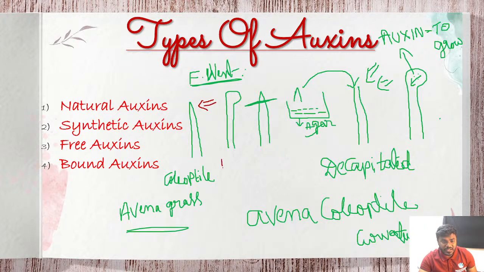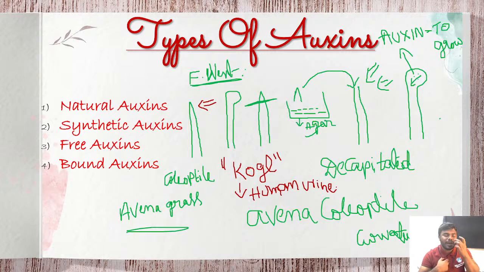After him, my friends, there is another scientist named Kogl, K-O-G-L. Kogl is the scientist who isolated the auxin from human urine. My friends, please listen to my statements. You should not think that auxin has a key role in our body. That is an absolutely wrong statement.